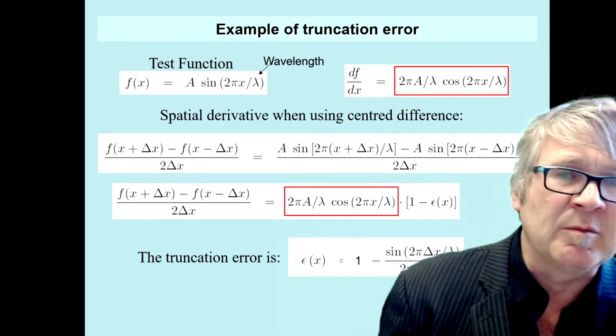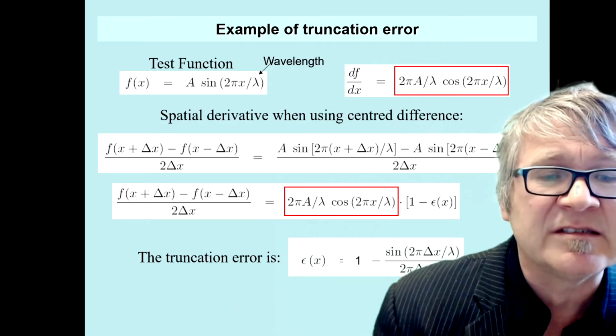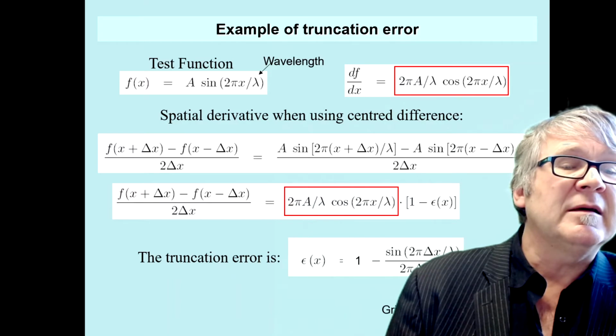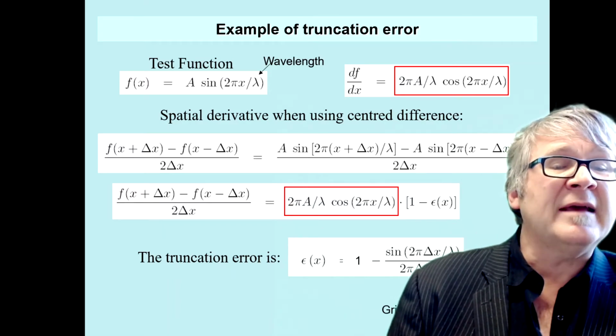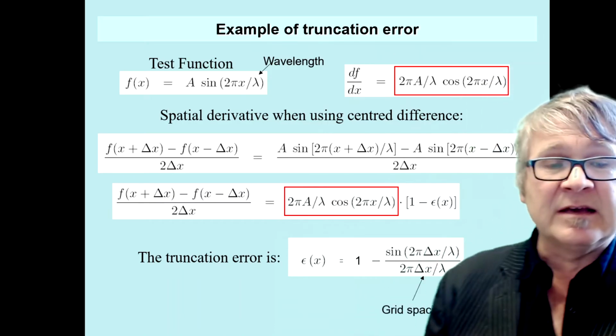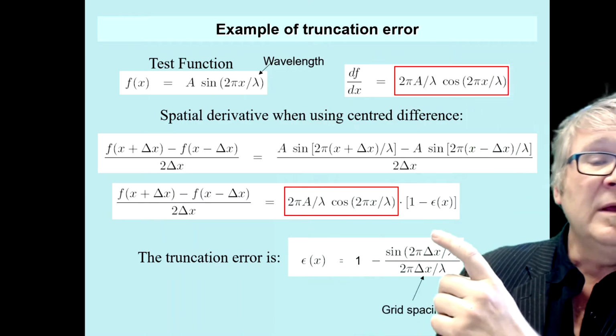Times 1, that's not a drama. If you multiply something with 1, you get exactly the same thing, but there is an error. Minus, I call it epsilon of x, and you can work out exactly what this error is, and it's written here next to my shoulder. This is the error.